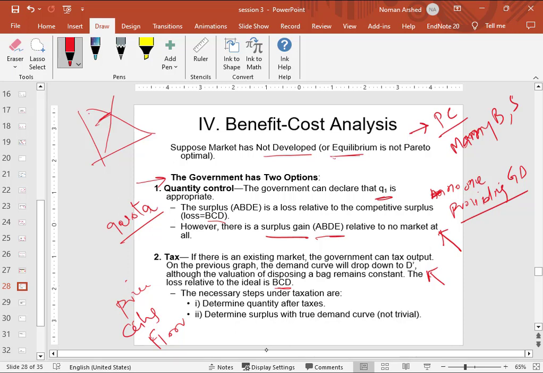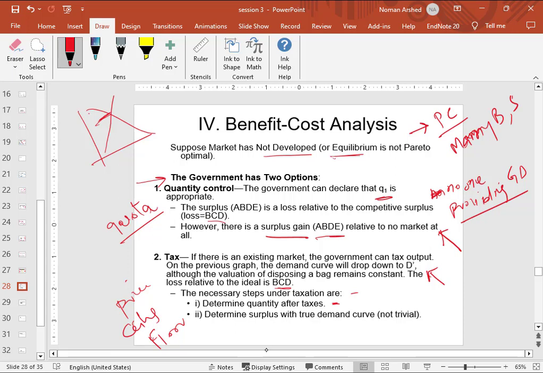So it means that there is a loss, which is already discussed here. Surplus loss होगा क्योंकि गवर्नमेंट ने इंटरवीन किया. That's why in perfect competition we talked about, that the government should not intervene, because whenever they intervene, they reduce the consumer surplus. So what are the necessary steps under the taxation? What should we do? We should first of all determine the quantity after taxes, how much quantity should be disposed when the taxes are applied.